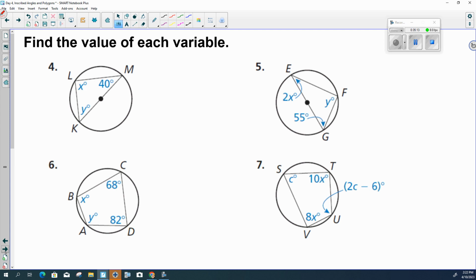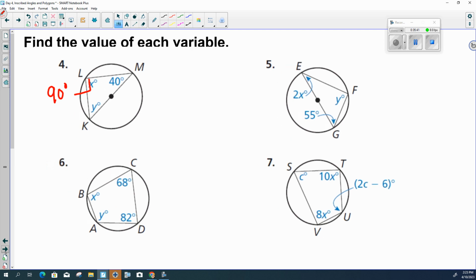Are you ready? Which one do you want to do? 4, 5, 6, or 7? Okay, let's look at 4. What's the measure of angle x? How do you know that? Yeah, so if you start looking at your theorems, if you have an inscribed triangle, we do, and one of the sides is a diameter, it is, then the side opposite is the 90-degree angle.